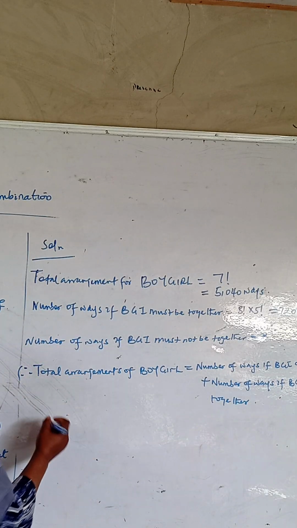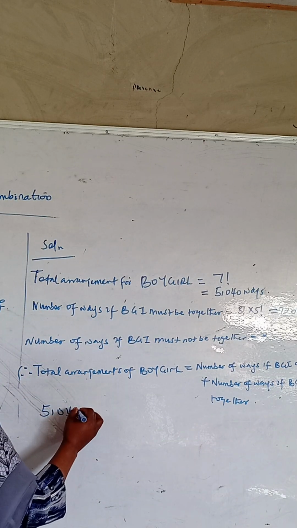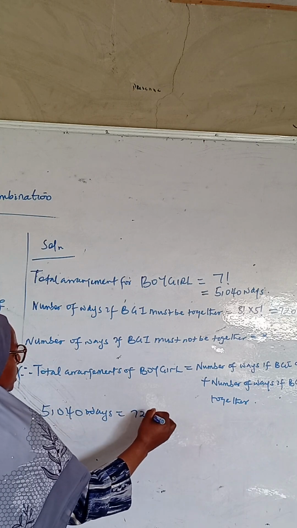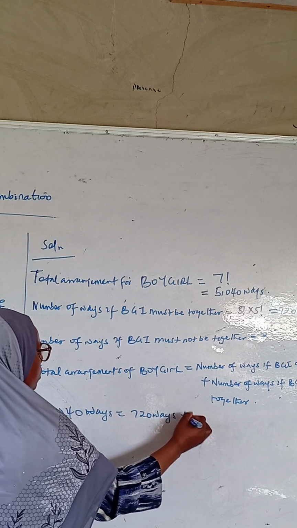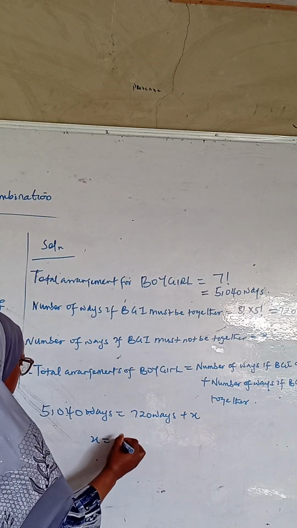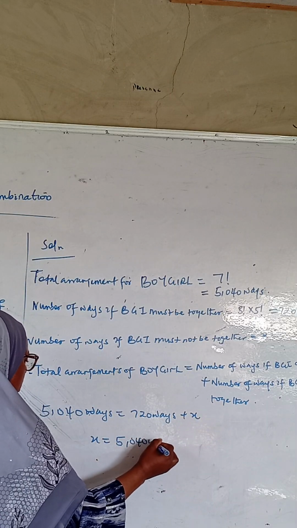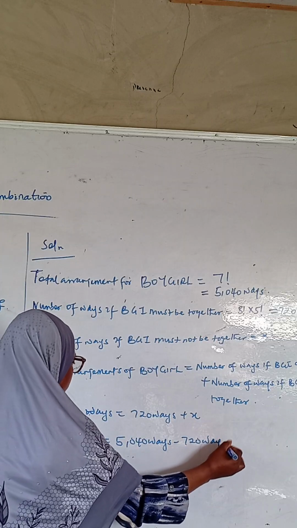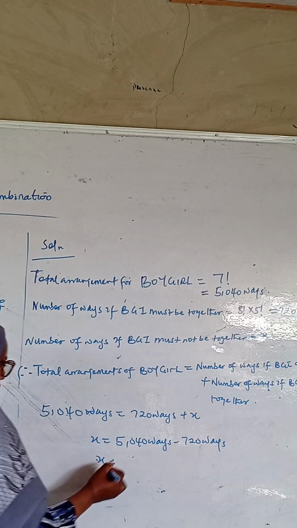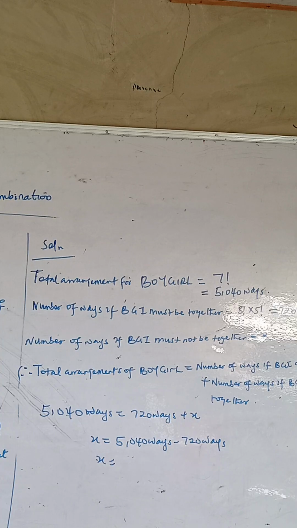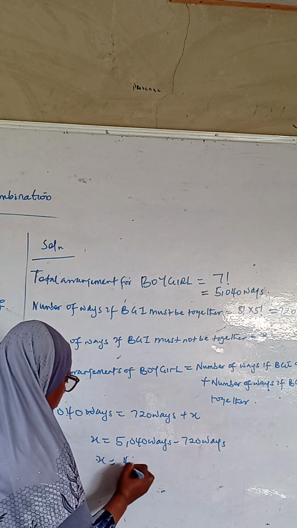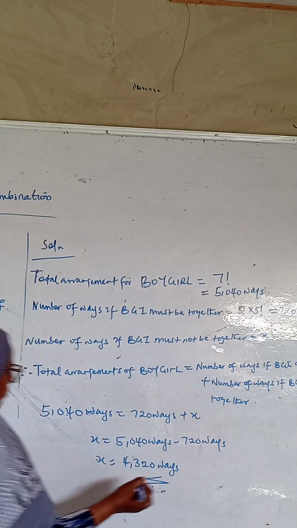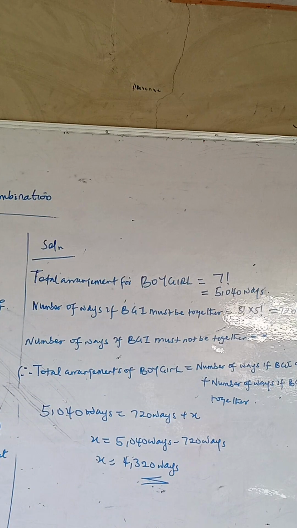Just substitute your values. 5040 ways is equal to 720 ways plus X. So your X will be 5040 ways minus 720 ways. And that will give us 4320 ways. I want to believe this is also clear.